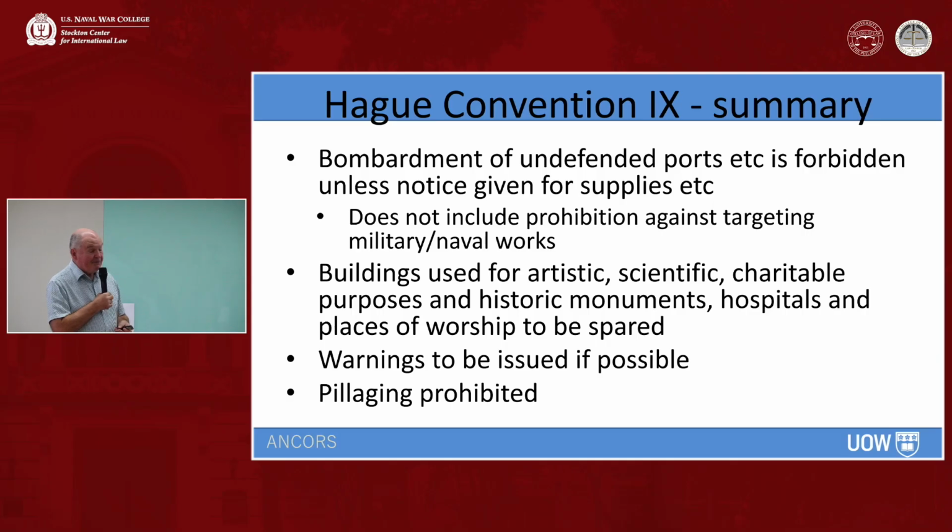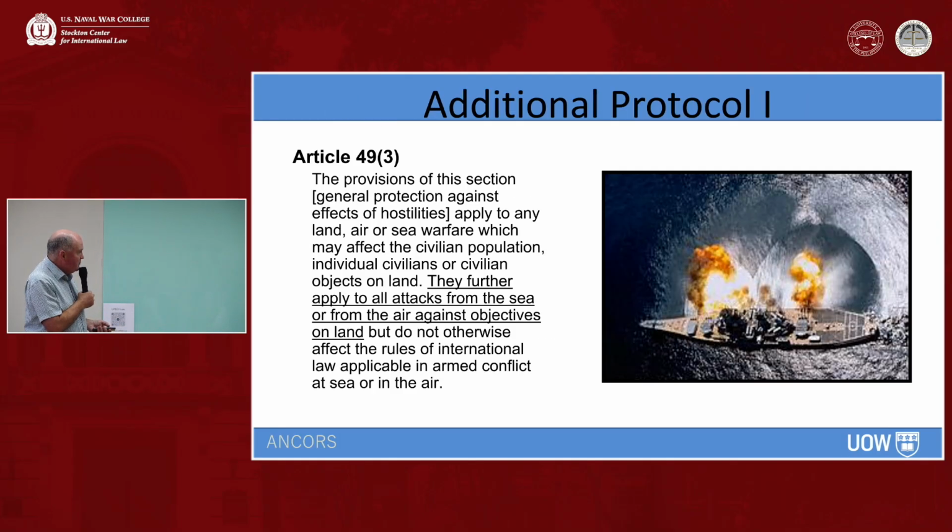And if there is, however, damage to those incidentally, that's not going to be a problem. Nothing wrong with warnings. In fact, if you can issue a warning, that's probably to your benefit in any case, and you're not supposed to go in and pillage the place as well.